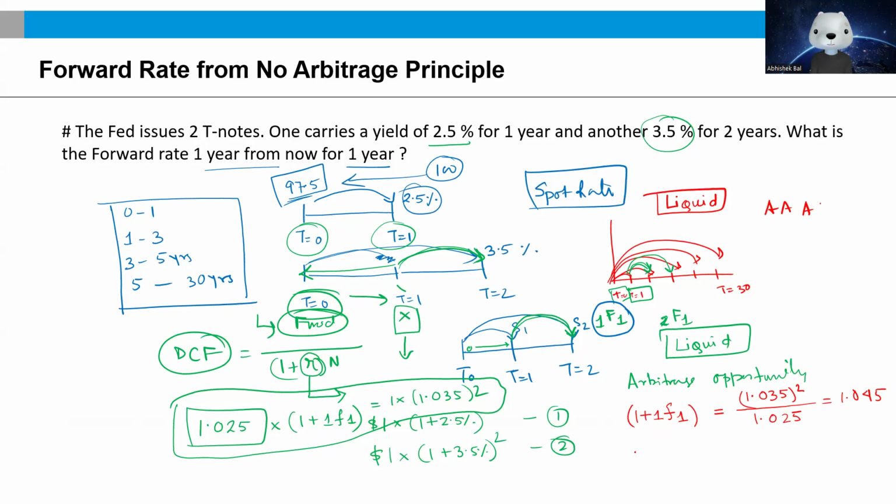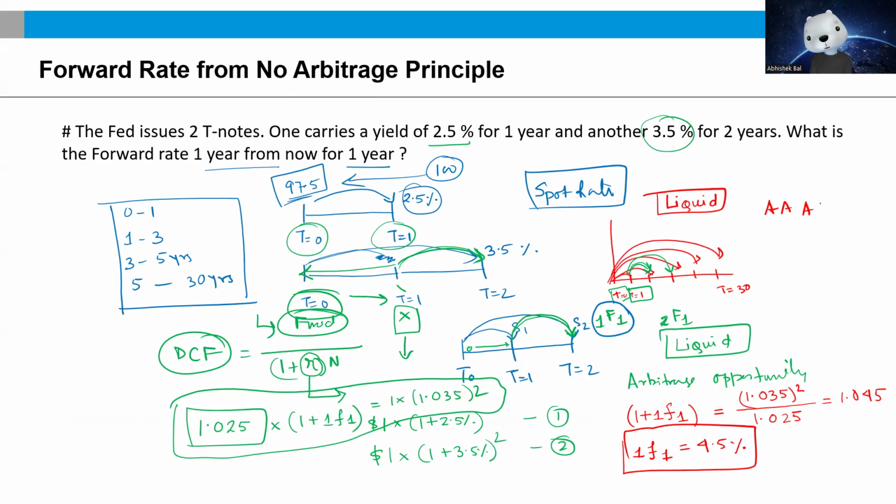Okay, which tells us the 1 year forward rate from now is going to be 4.5%. Simple.